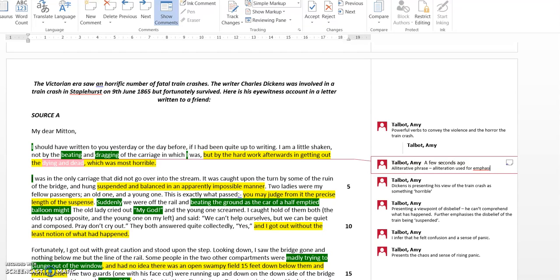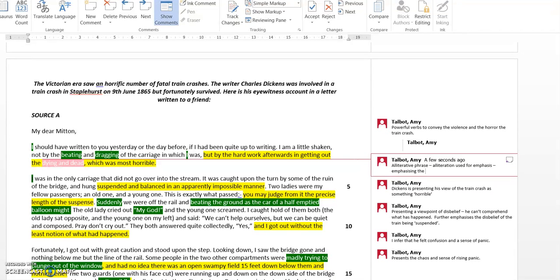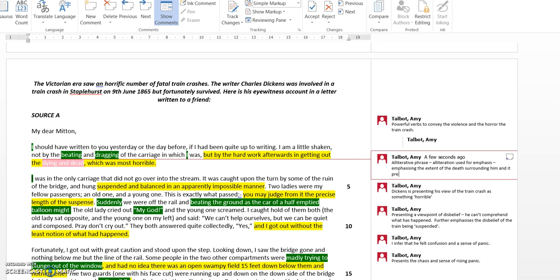He's emphasising the extent of the death surrounding him. And it presents a shocking image of the effects of the train crash.